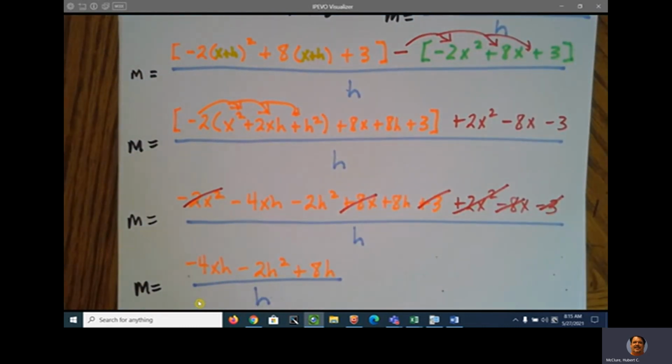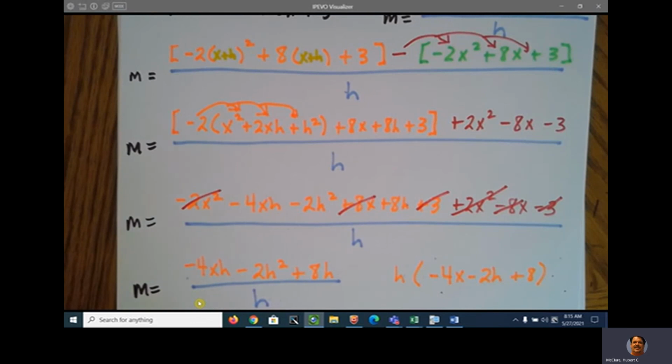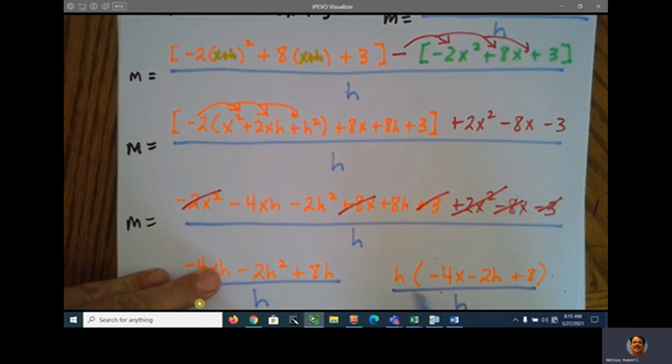And that's going to be factor out of h. And that's going to be negative 4x minus 2h plus 8 all over h. And you see the h's cancel. And that is your final answer.